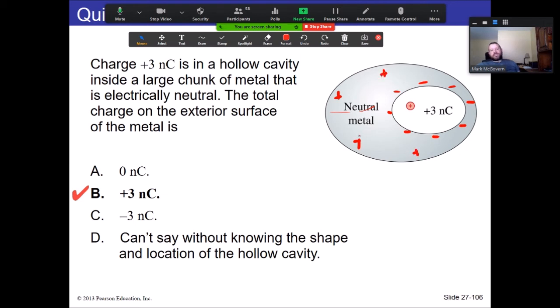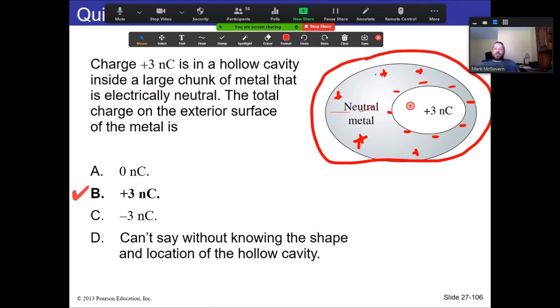So in a way, the charge that's in here translates its way out to the outer surface. That's interesting. Now, if I circle the whole thing and say, what's Q enclosed now? 3 nanocoulombs still. But they distribute themselves.